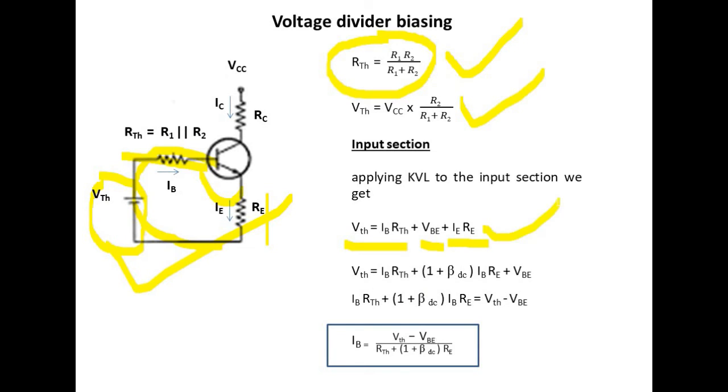Putting the value of IE as 1 plus beta times IB in this equation, we get VTH is equal to IBRTH plus 1 plus beta DC times IBRE plus VBE. That is, IBRTH plus 1 plus beta DC times IBRE is equal to VTH minus VBE. So we have got IB is equal to VTH minus VBE upon RTH plus 1 plus beta DC times RE. This is a very important relationship.